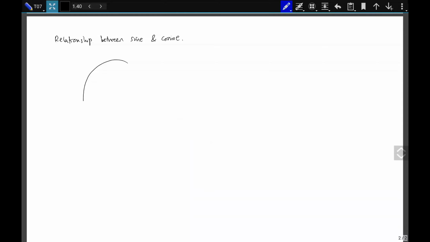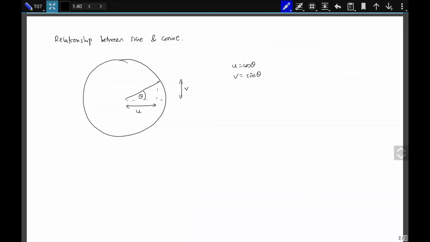Consider the circle, as always, and you pick an angle, theta, and let me just replace these letters for a moment with u and v. Secretly, u is cos theta, and v is sine theta.